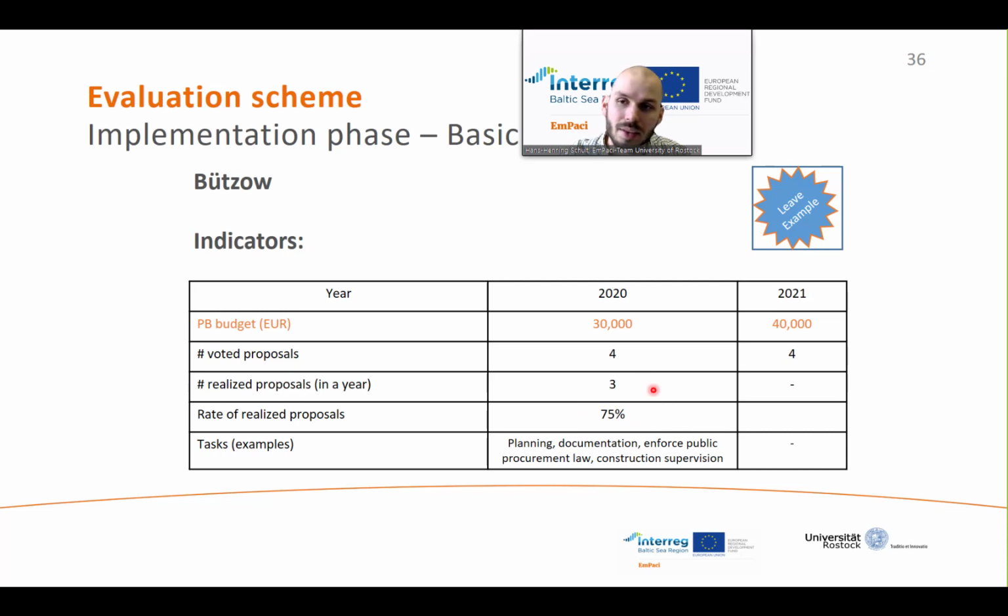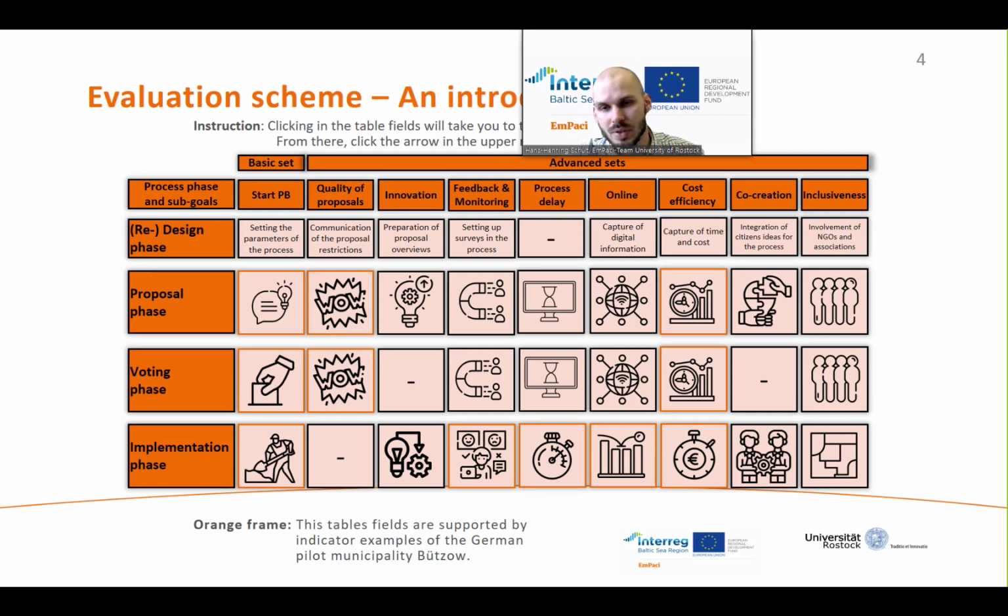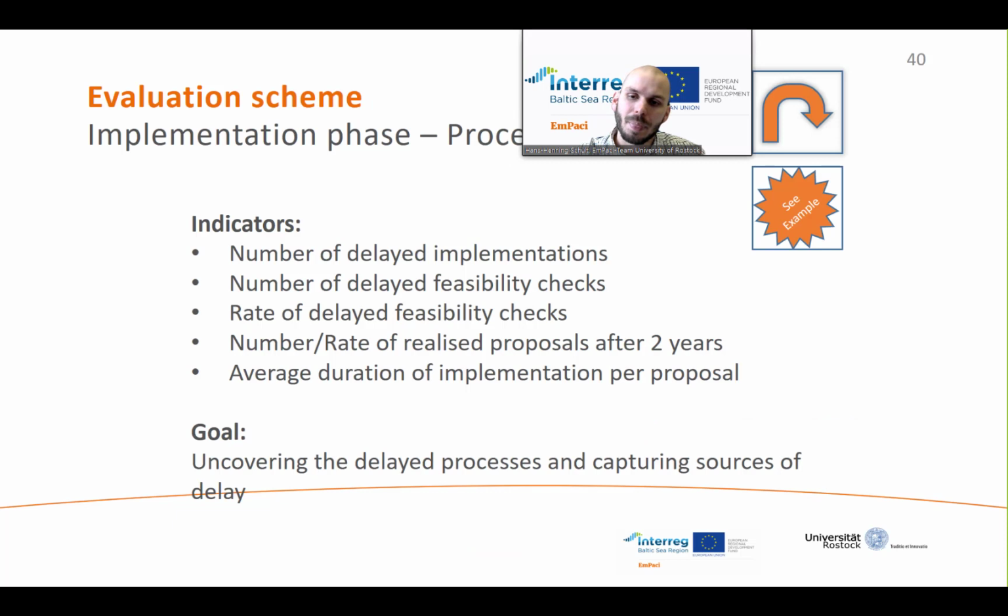Why is one proposal not finished yet? So we have to dive deeper into the delay set in the next step. You can see it here, process delay implementation phase. We really see what is not done after 1 year.